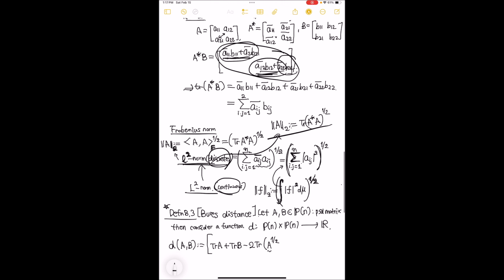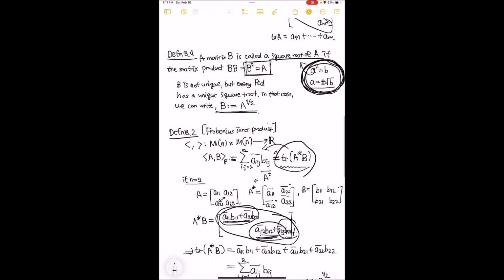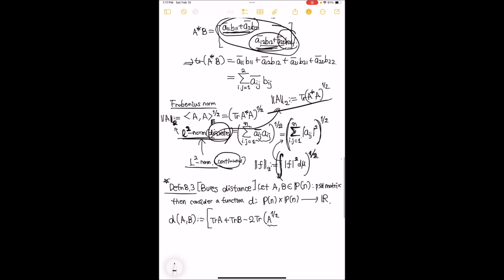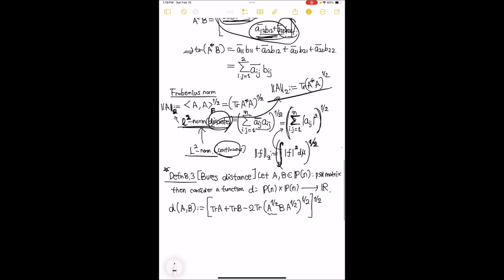As I said, that is uniquely determined since the matrix is positive semi-definite, and that is the square root of A.